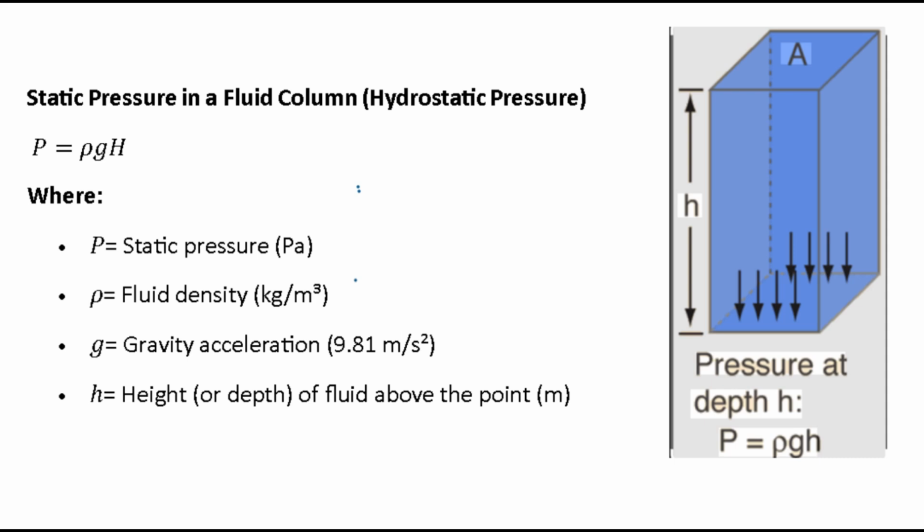Apply the static pressure equation, P equals ρ times g times h. Compute the result and display the static pressure in pascals and kilopascals. This structured approach ensures the program is accurate, easy to understand, and reliable for engineering use.